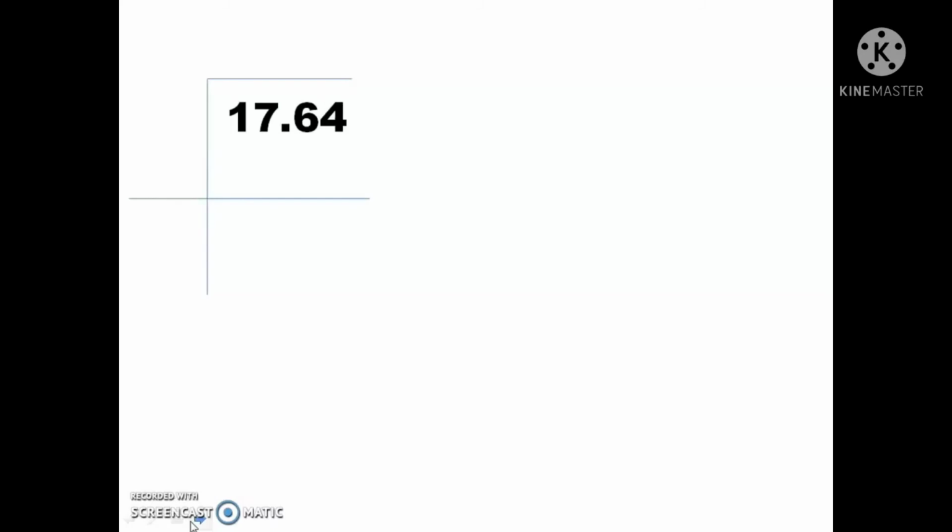The whole number part is 17, and the decimal part is 64. You can see the arrow here. We will pair the decimal part from left to right. That is why I have given the arrow this side. You are starting from 6 to 4.